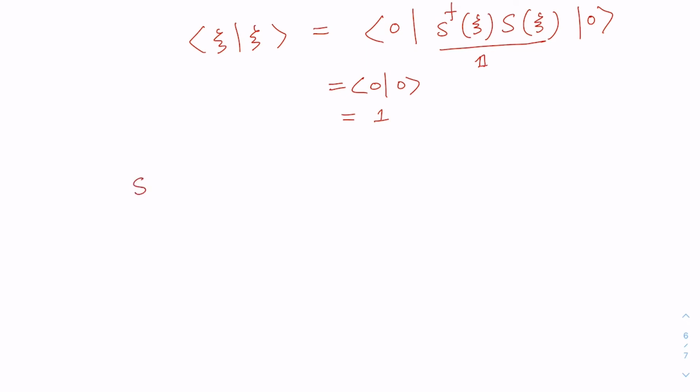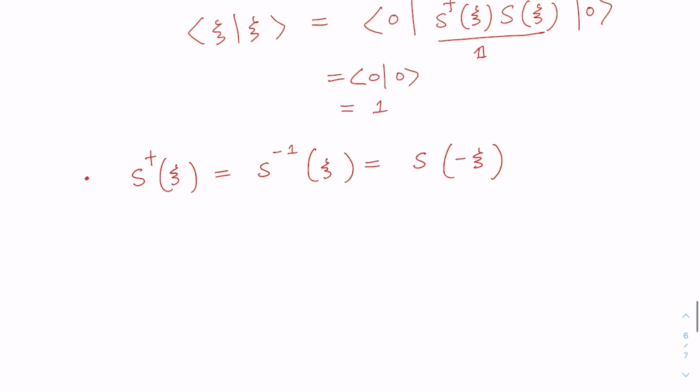For the squeezing operator, S dagger of xi is equal to S of minus xi, which is S inverse of xi. Because of the structure of the operator, you can immediately prove this, and I leave it as an exercise to you.